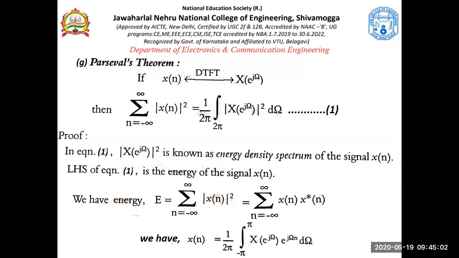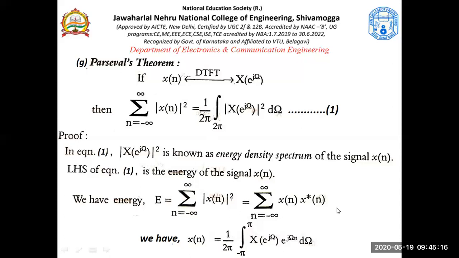Now we know x of n can be given like this. Let's see what happens next. In that x of n, what is done? See here, X of e power j omega is there, right? What is done in that place? Can you make out? It is 1 by 2 pi. So this is x of n, and this is the complex conjugate of x of n.